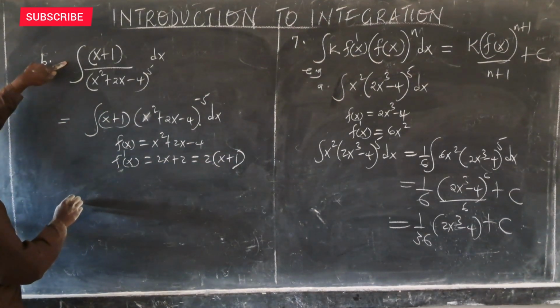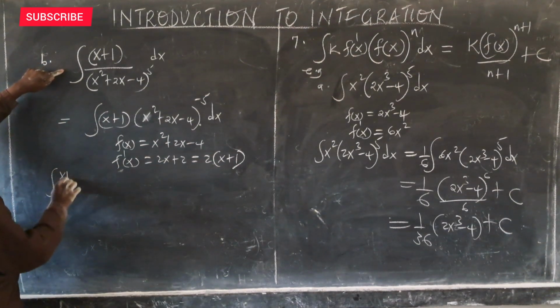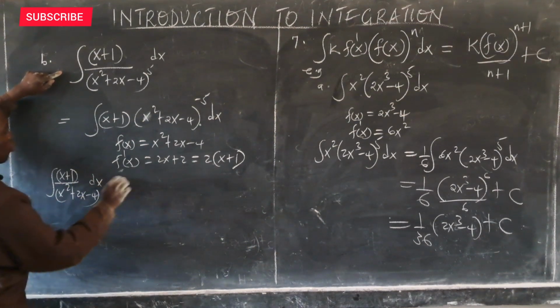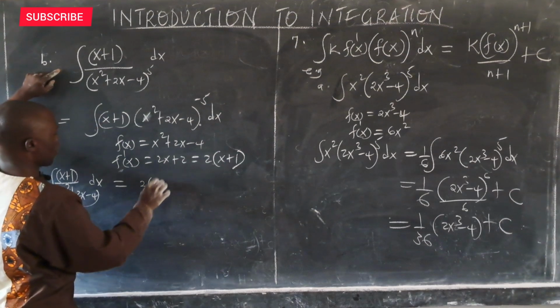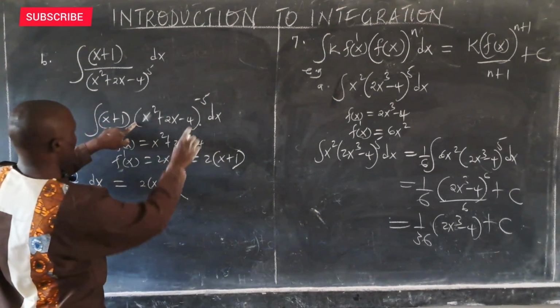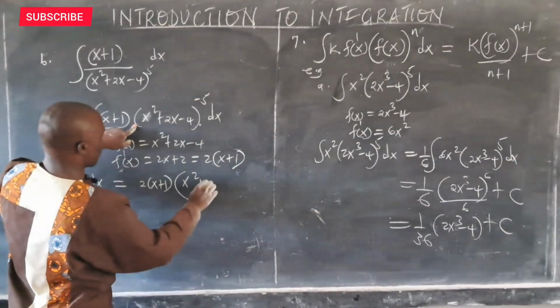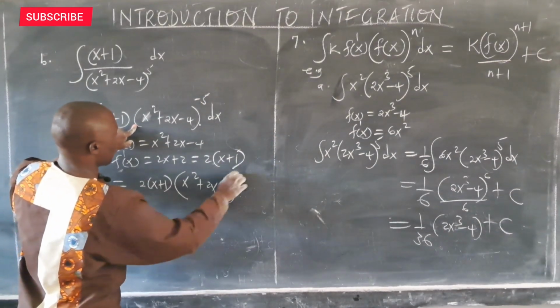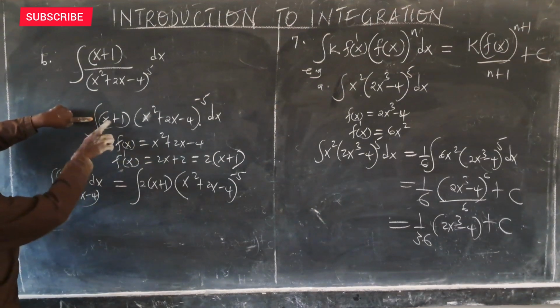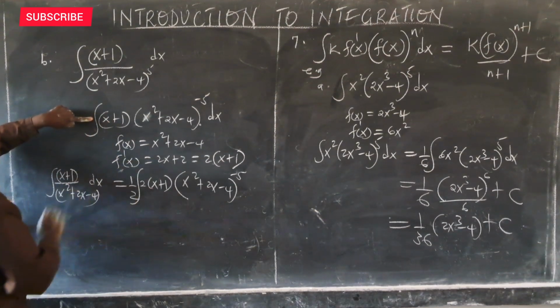So this function here becomes, so integral of this dx now going to become this 2 into x plus 1, then times my original function here, so this x squared plus 2x minus 4 to the power negative 5 integral. But since there was no 2 here, so I introduce something like a half here.